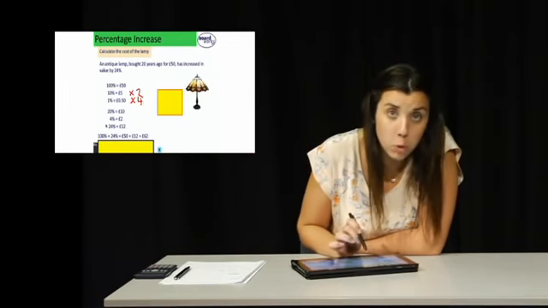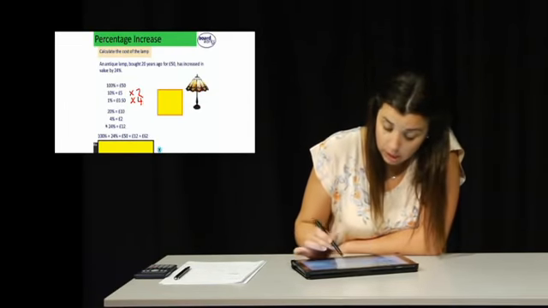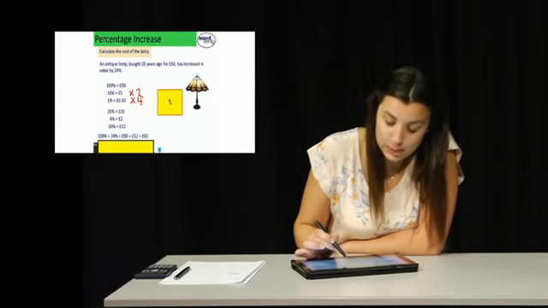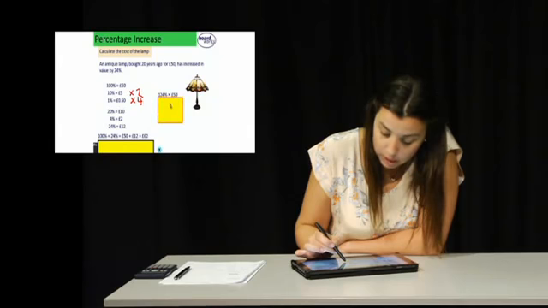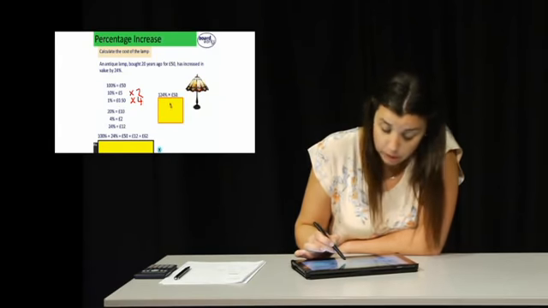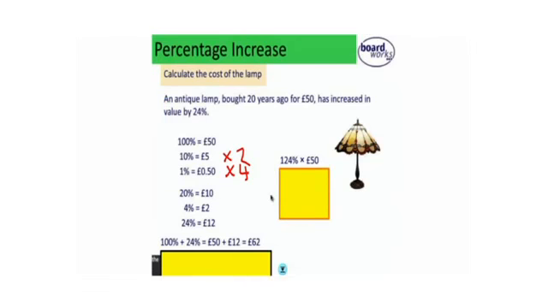All of that straightforward without a calculator. As you can see here, my box is smaller. There's a quicker method which you can use a calculator for. This is using multipliers. So what we actually want is 124% because we're increasing it by 24%. And our multiplier for that is 1.24.